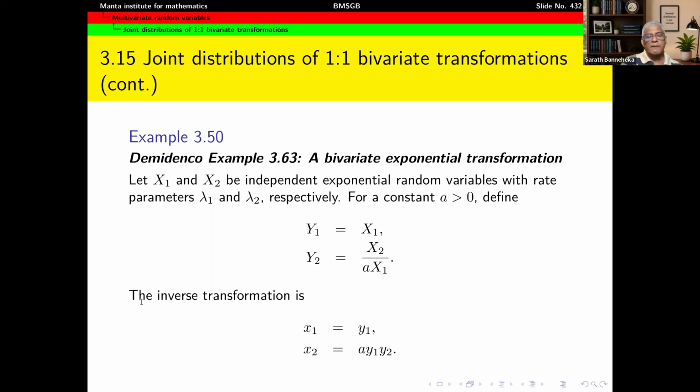For the inverse transformation, we need to find x1 and x2 in terms of y1 and y2. So x1 is equal to y1, and from this we get x2 is equal to a times y1 y2.